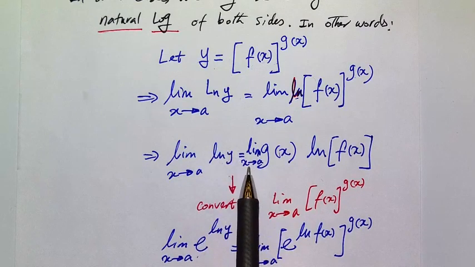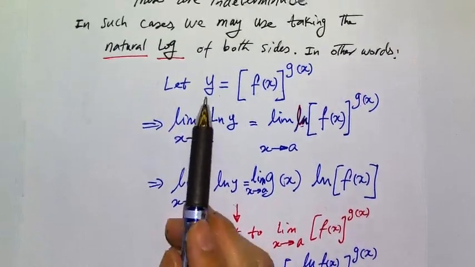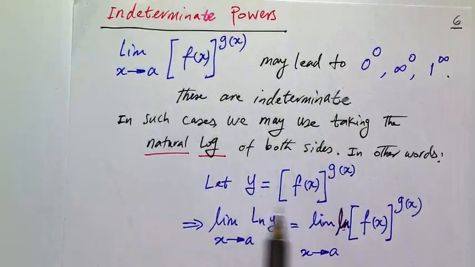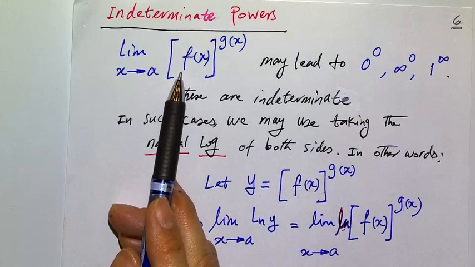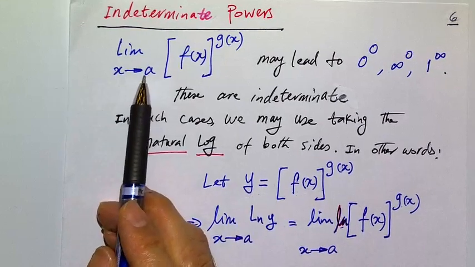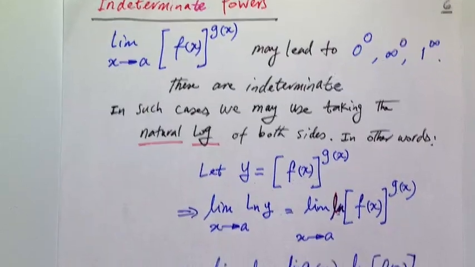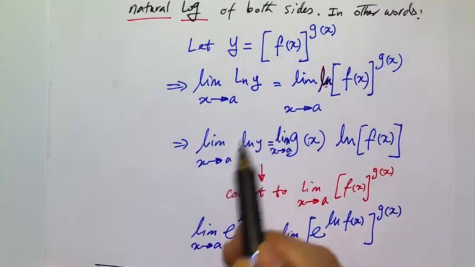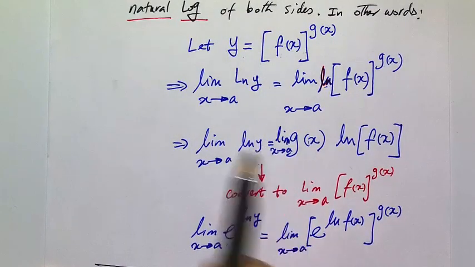But is that what we wanted? No, we wanted the limit of y. Y is equal to the original expression, so we're really after the limit of y as x approaches some value. When you apply this technique, it's always going to give you the limit of natural log of y, not y.